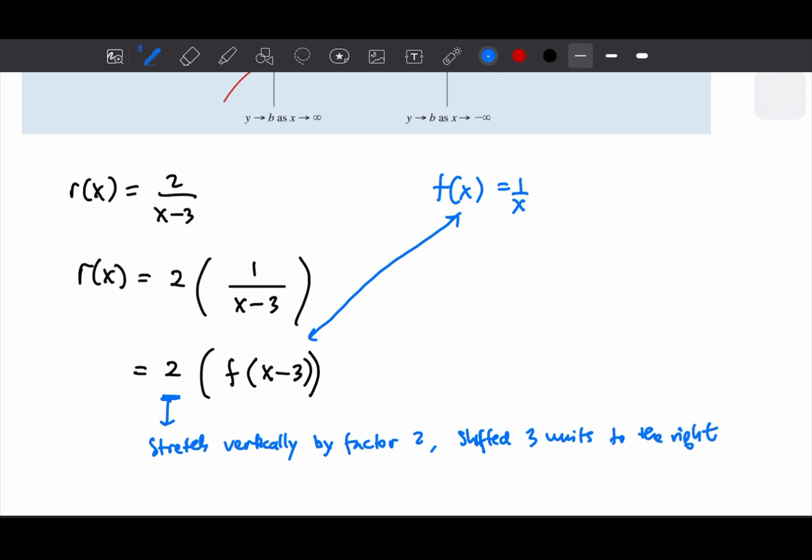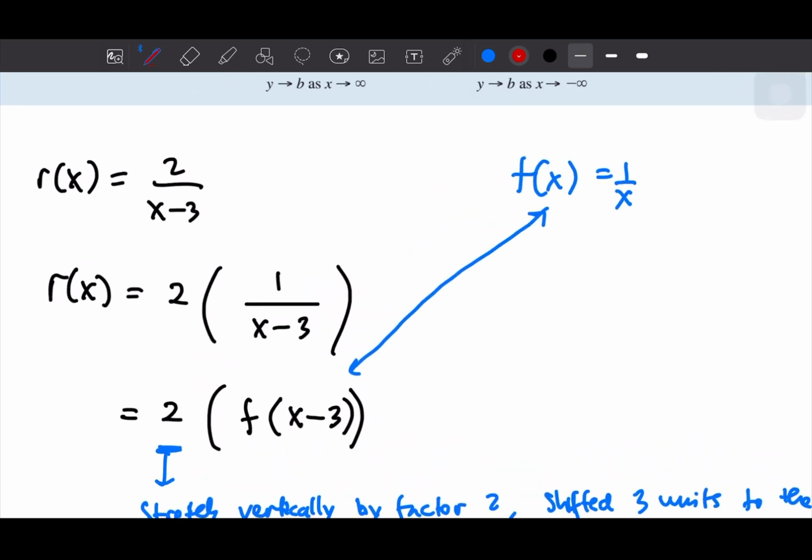Of course, from this x minus 3 we could also conclude that there is a vertical asymptote when x equals 3.